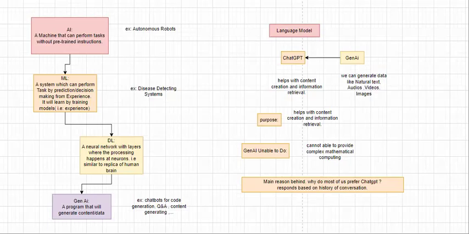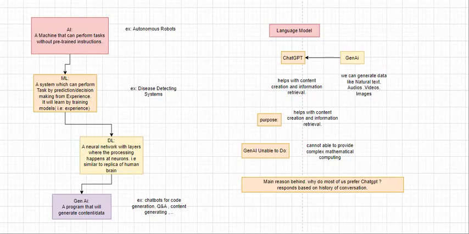If you ask for today's weather report, obviously it cannot provide that result because it is not trained with that data. It just predicts the output. It cannot provide you today's result because it is trained with data up to 2021 only.